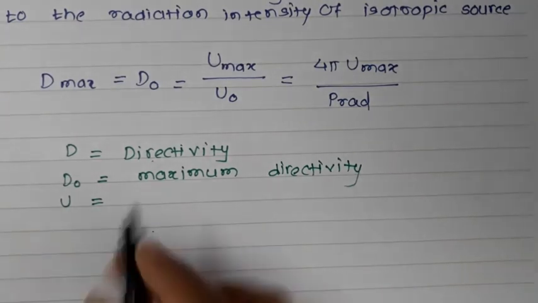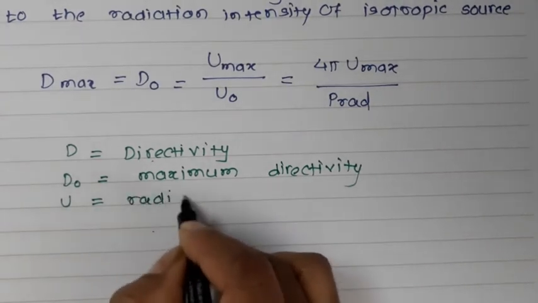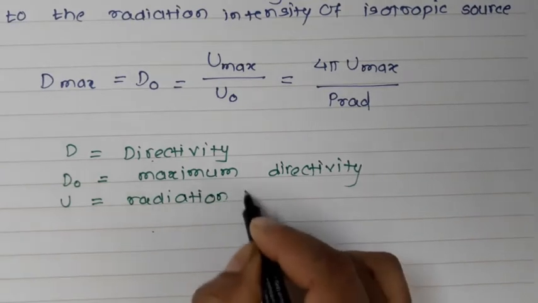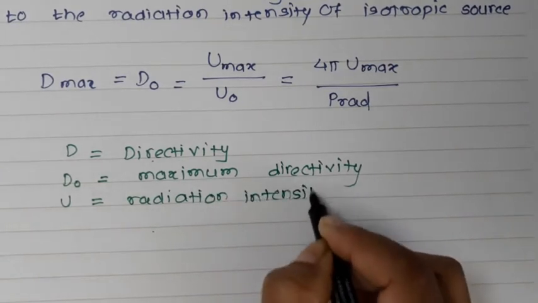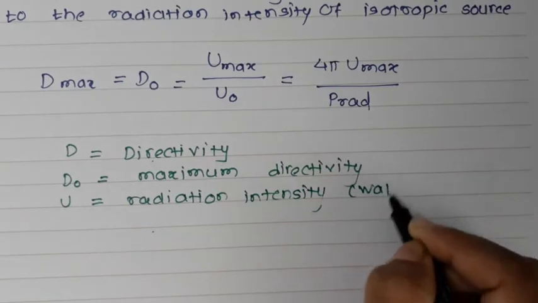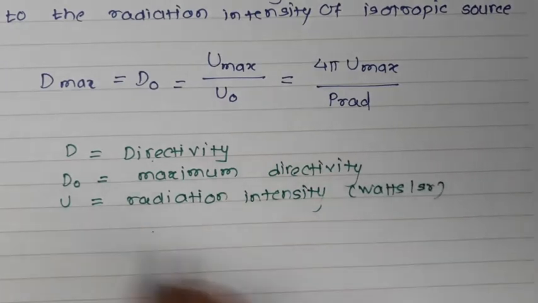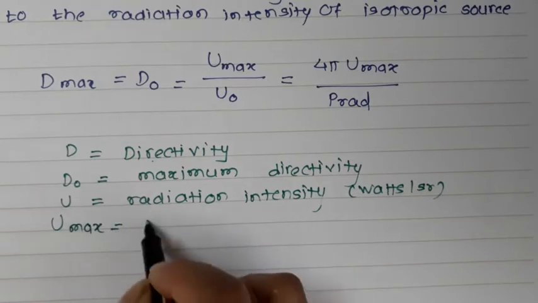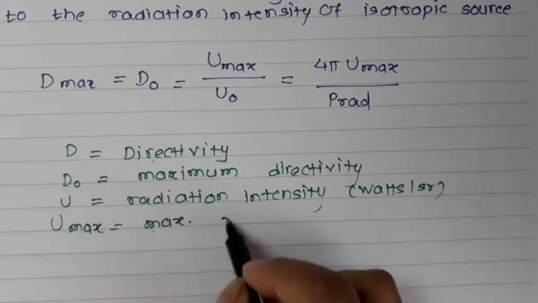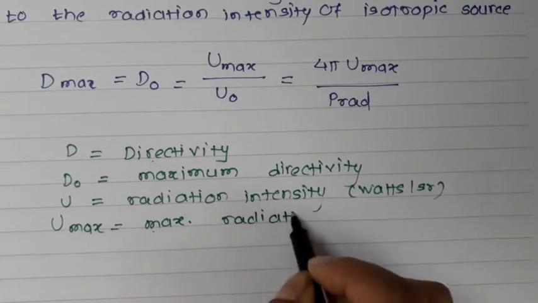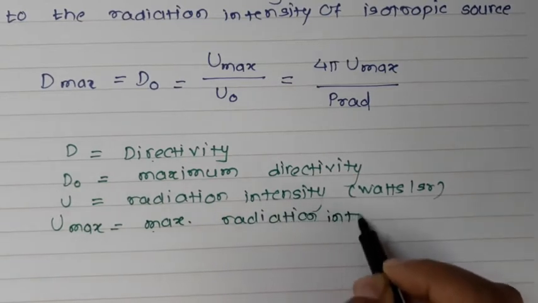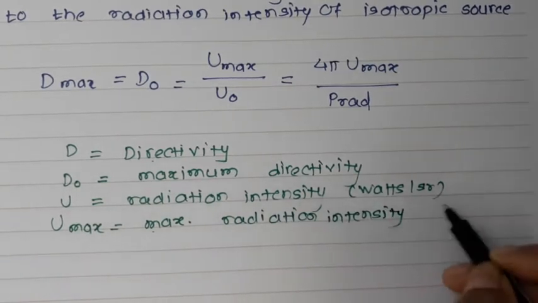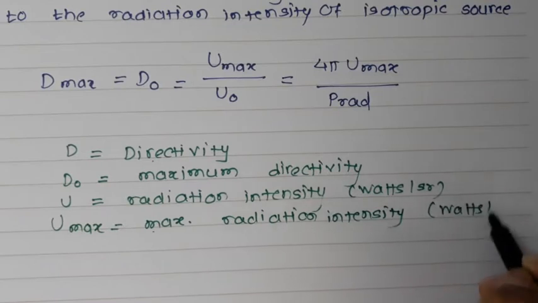U is the radiation intensity, and the unit of radiation intensity is watts per steradian. U max is the maximum radiation intensity, and the unit is again watts per steradian.